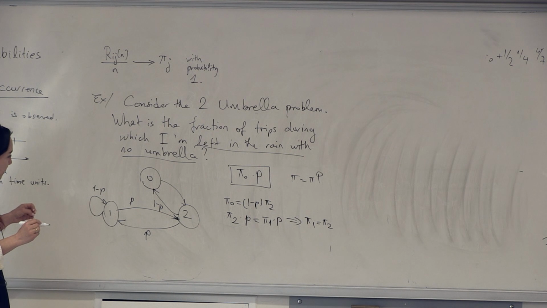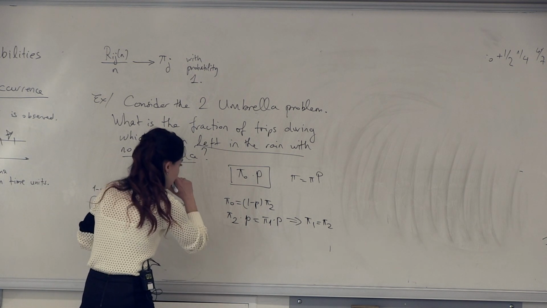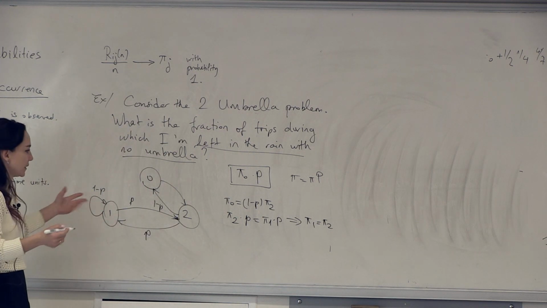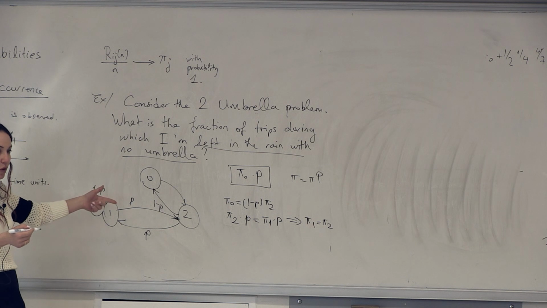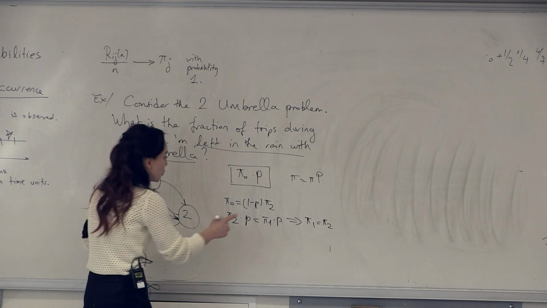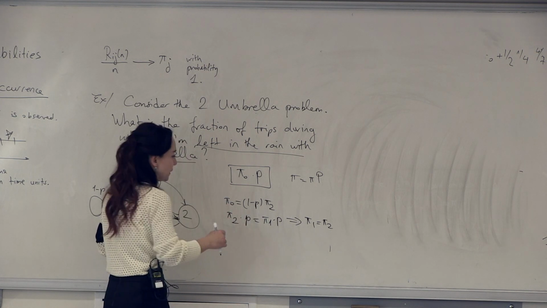I don't need to write another equation because I know already that there will be 2 linearly independent equations. So pi 1 is equal to pi 2, and pi 0 is 1 minus p times pi 2.